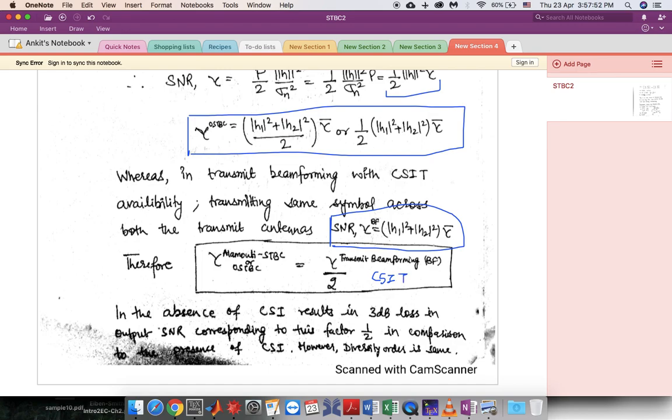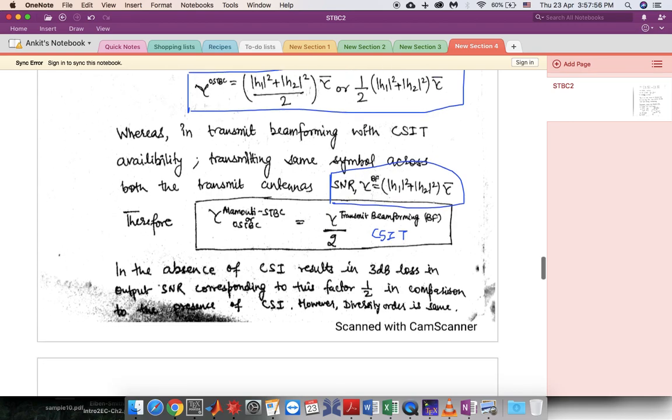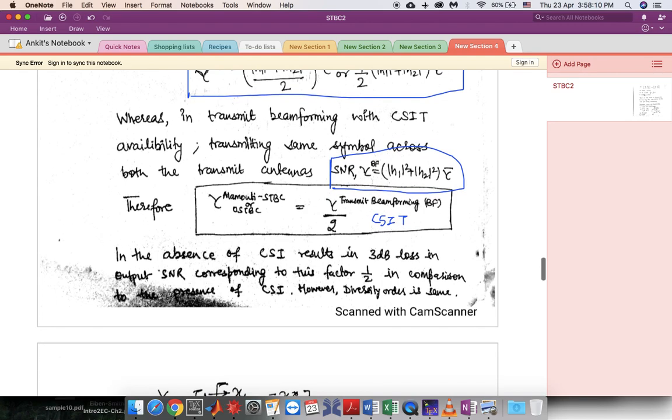If you convert this factor of 2 into dB, you will get 3 dB, right? So it's a 3 dB loss in the Alamouti STBC. However, the diversity would be the same, that would be 2, mod of h1 square plus mod of h2 square. Whereas there will be a 3 dB loss incurred by the Alamouti STBC.